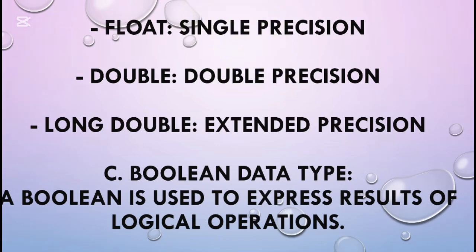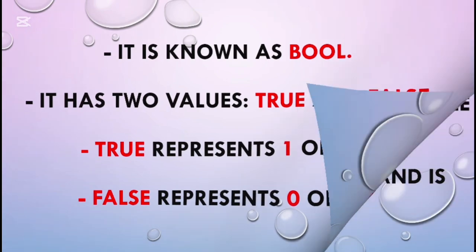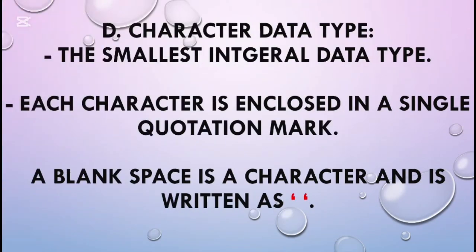Simply put, if a question is asked in logic form, the answer you are required to give is supposed to be in boolean form. It is known as bool. It has 2 values, true and false. True represents 1 or yes, whereas false represents 0 or no.